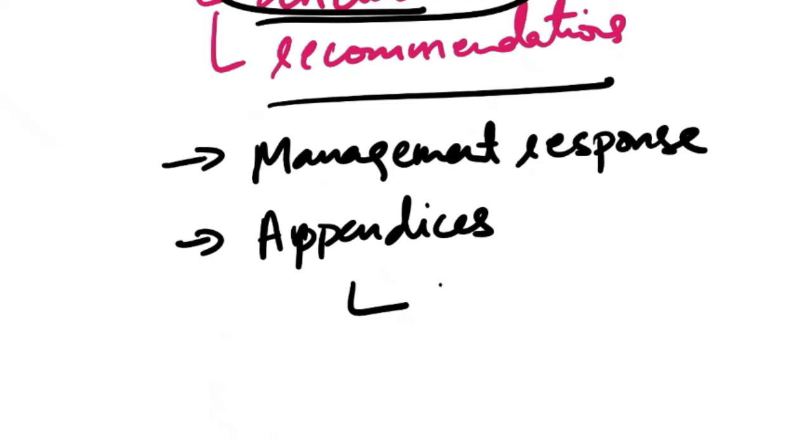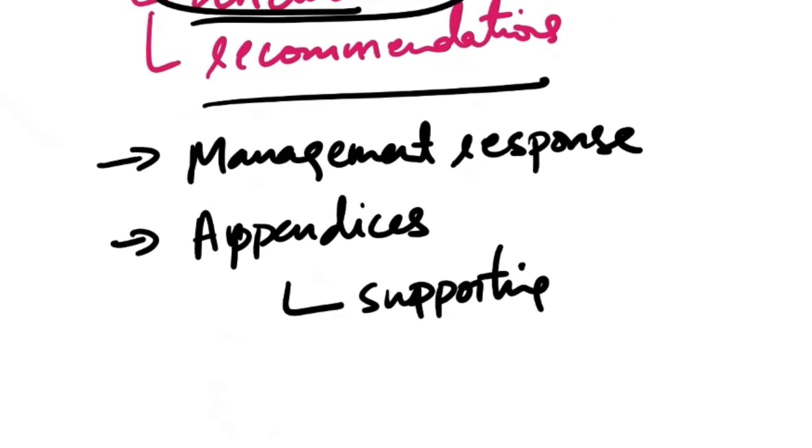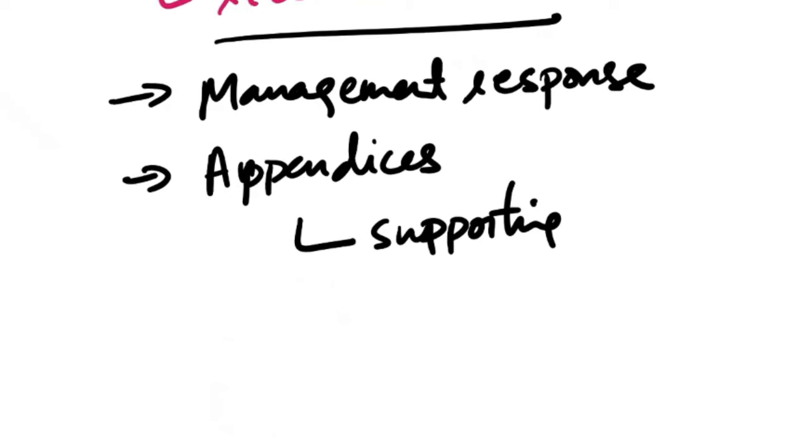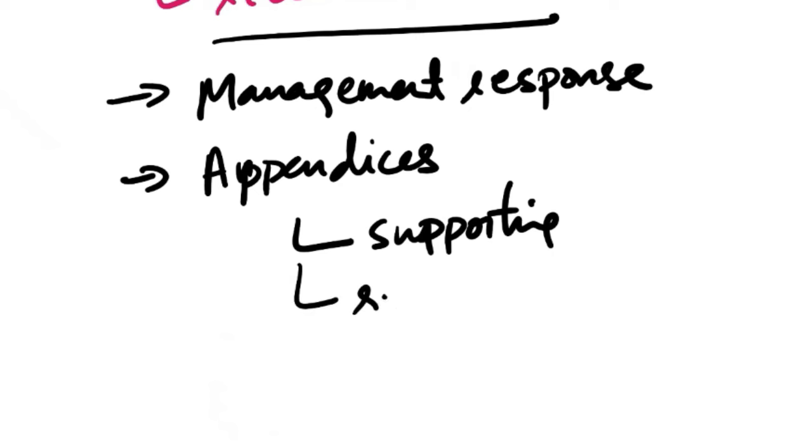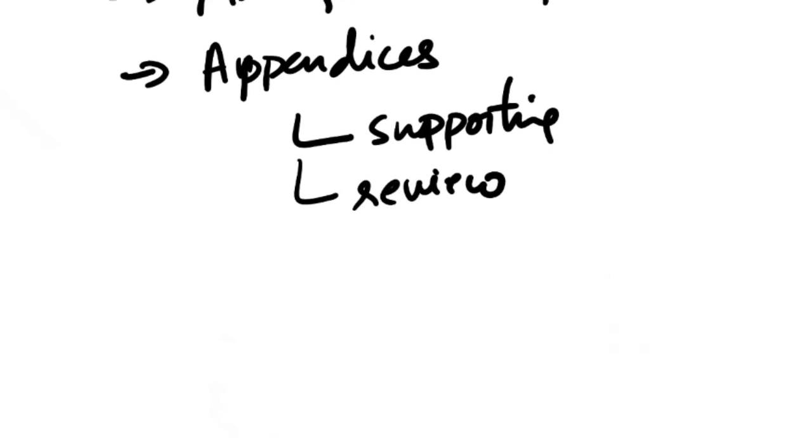So you include any supporting documentation, evidence, or additional information relevant to the audit findings and analysis. Attach audit work papers, testing results, data analysis reports, and other supporting materials as appendices to the main report. Next, you review the audit report for accuracy, completeness, and clarity before finalizing it for distribution.